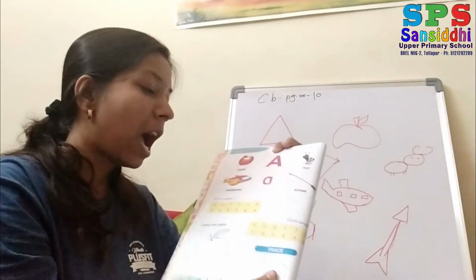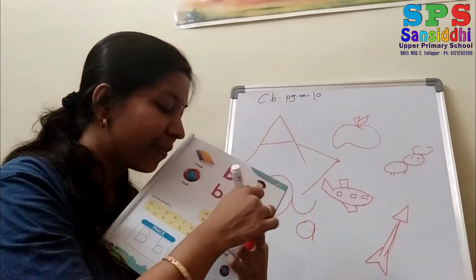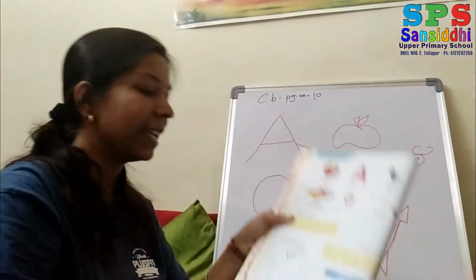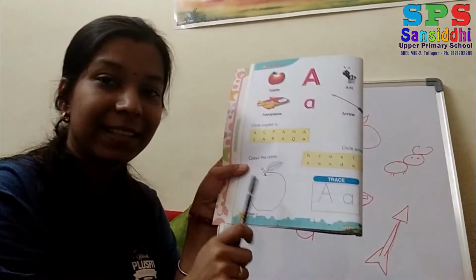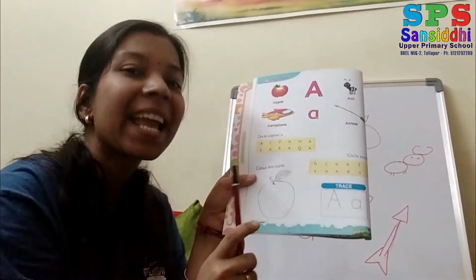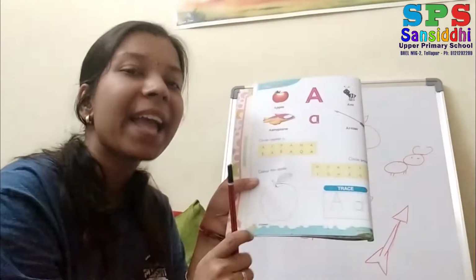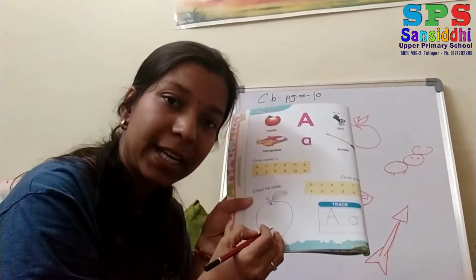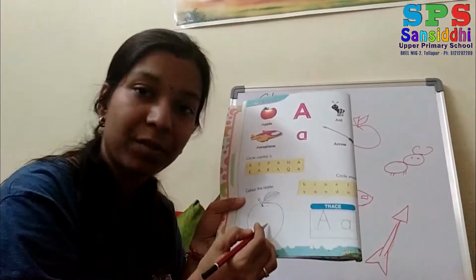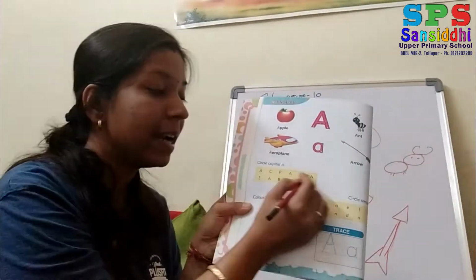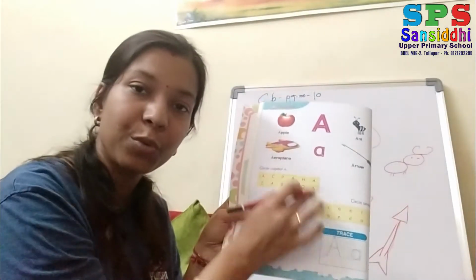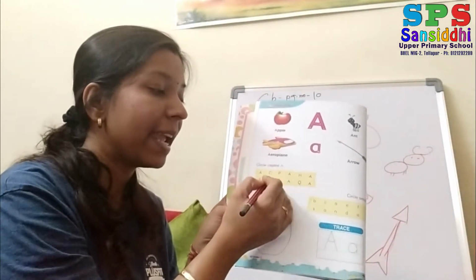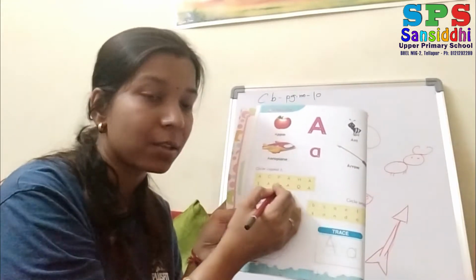Okay, now they have given one activity for you, right? See here, this is A for apple. So what you have to do? You have to color this apple. And here they have given two yellow boxes, right? Here there are so many A's, and many other letters are also there.